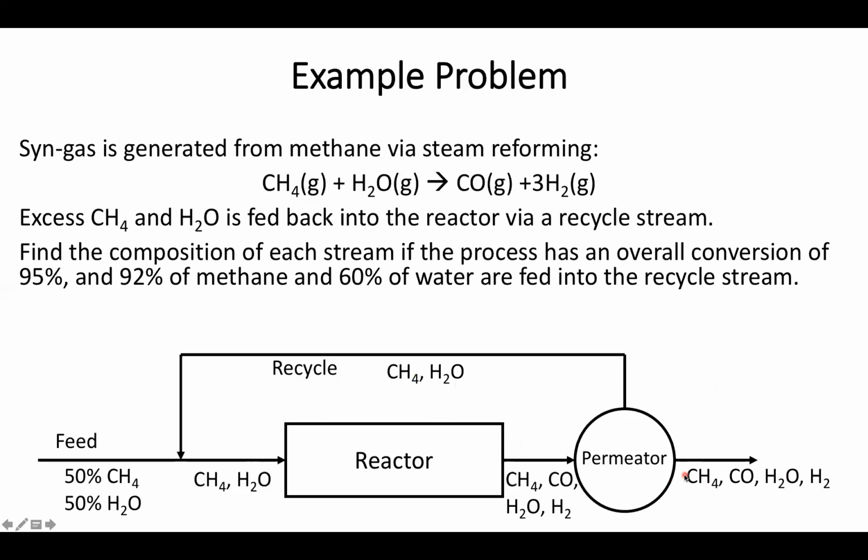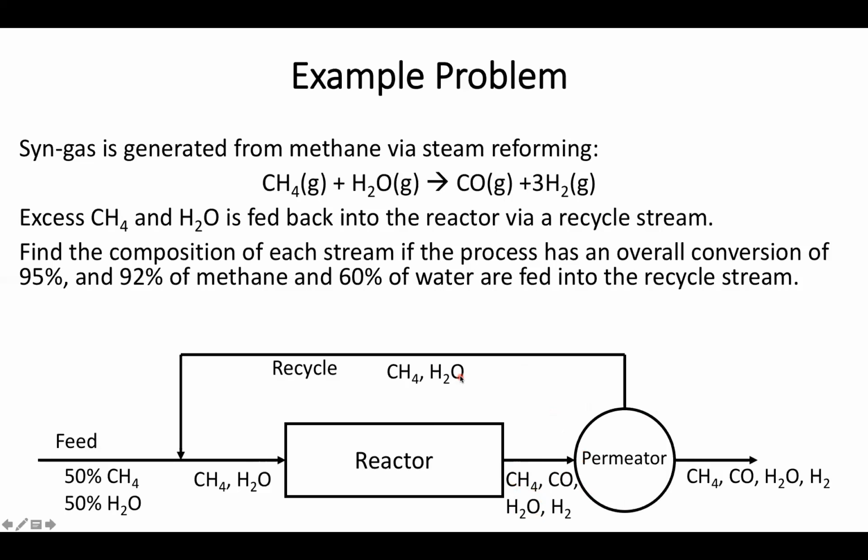If I have an overall conversion, based on starting materials and end product, of 95%, and that 92% of the methane and 60% of the water are separated out using this permeator, which is essentially a fine filter. So of the methane coming through, 92% of it ends up in the recycle, and of the water, 60% ends up in the recycle.